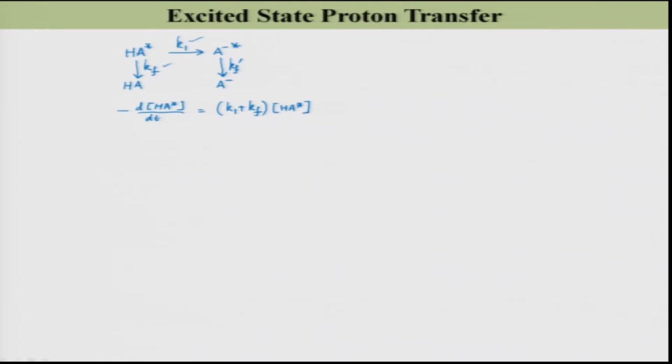I can also write the formation of A minus star: d[A minus star]/dt equals K1, the formation, times HA star, minus Kf prime, the decay, times A minus star.